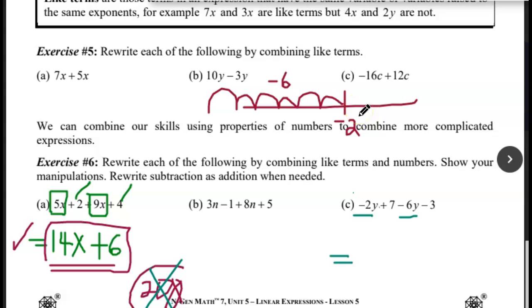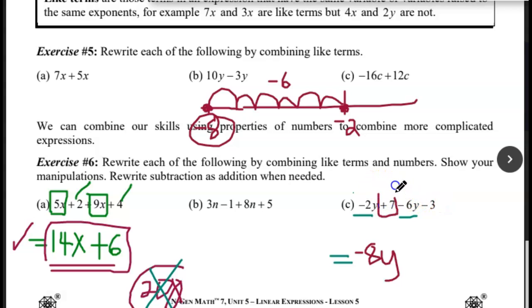So where will it be? 2, 3, 4, 5, 6, 7, 8. That ends at negative 8. So therefore, that's negative 8y. You could always go back to the number line if that will help you, if you forgot the rules of integers. That's fine.